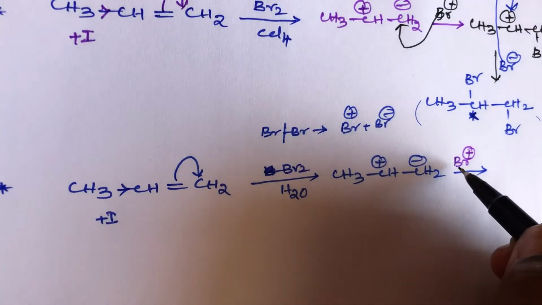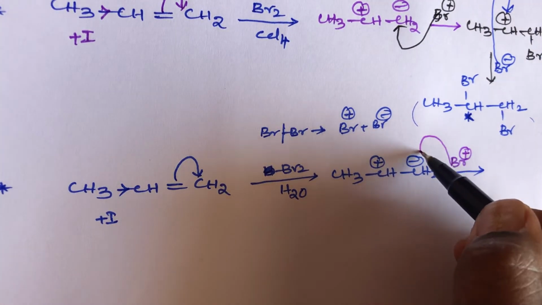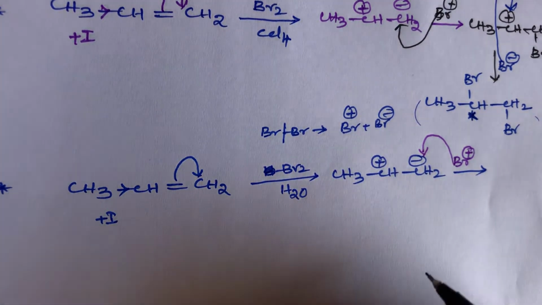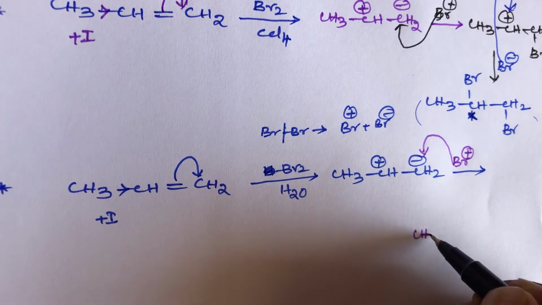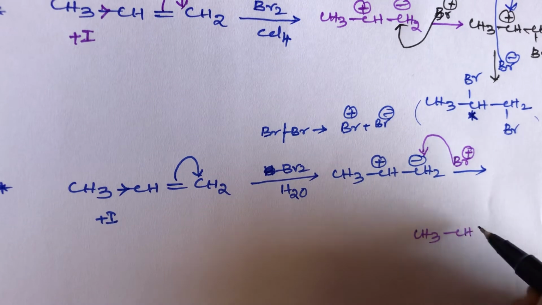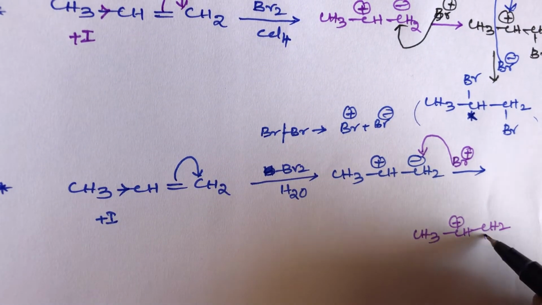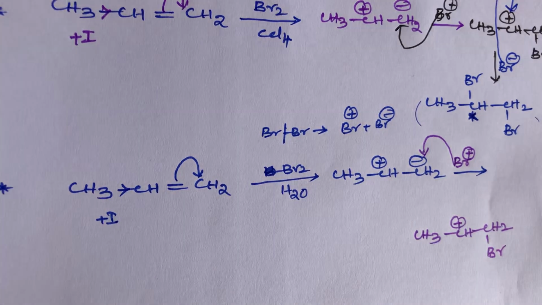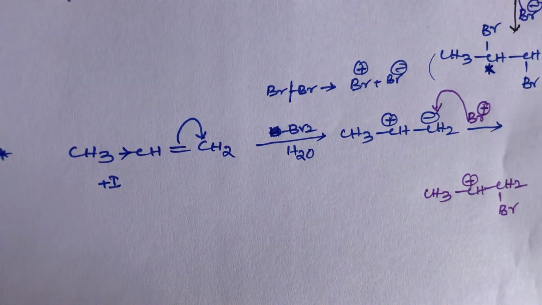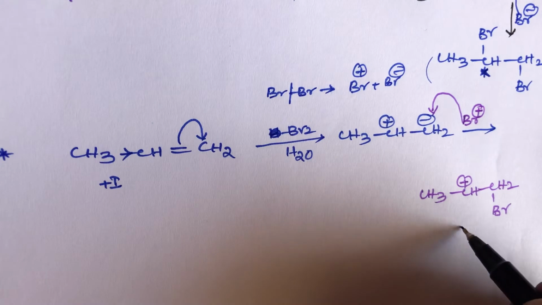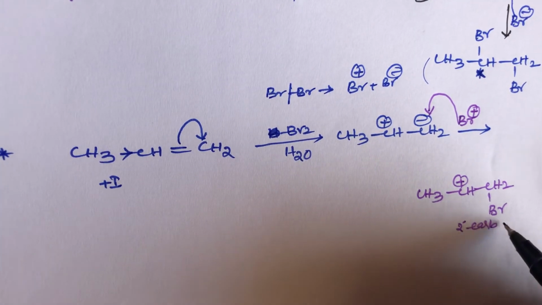This electrophile always attacks the negative charge species side. So we get the intermediate product CH3, CH plus, then CH2Br. This is the secondary intermediate carbocation that is formed.